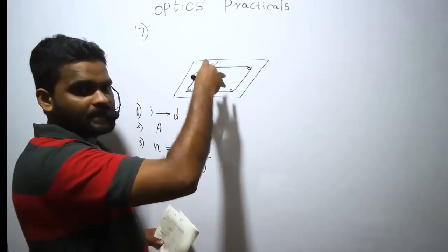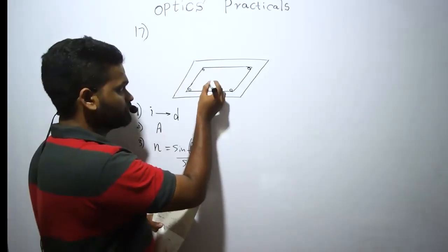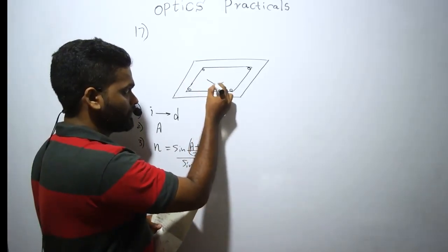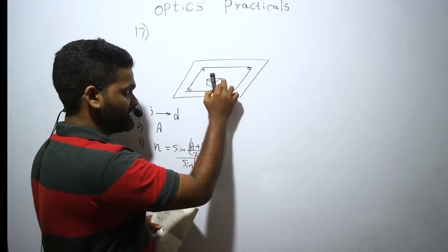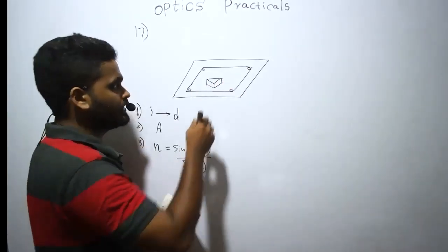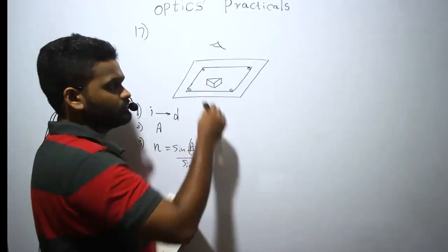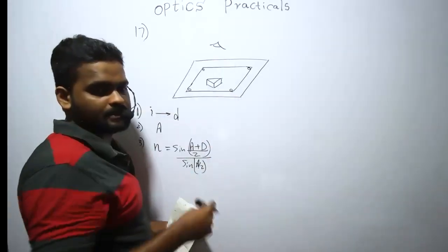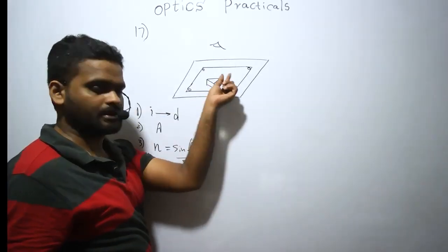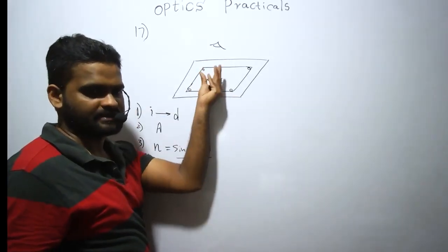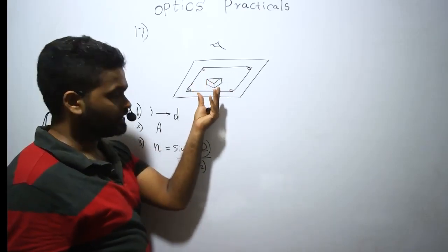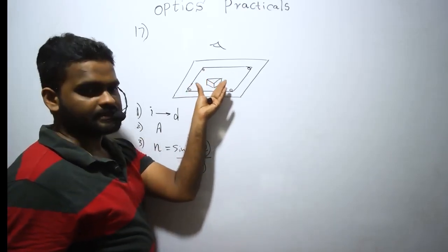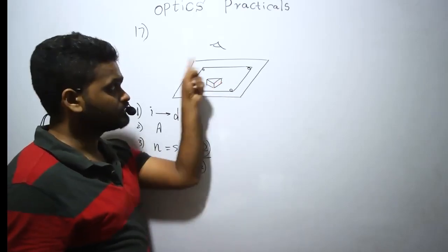On this board, you place the prism like this. So basically, this is what we are doing. From above, you are looking at the prism, right? The prism and the optical pins are around this. So basically, this is about the practical, right? Just take this down.